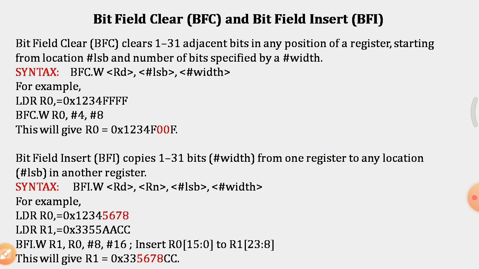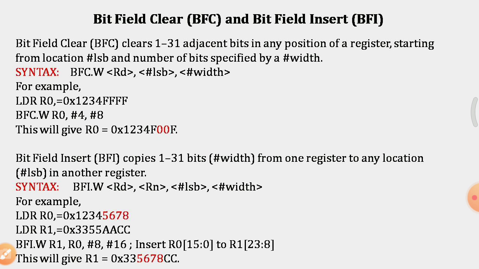So here the value of R0, starting from 0 to 16 bits, that is starting from 0 to 15, is copied into the register R1 starting at the LSB specified value, 8th bit, up to the extended 16 bits, 8 to 23.